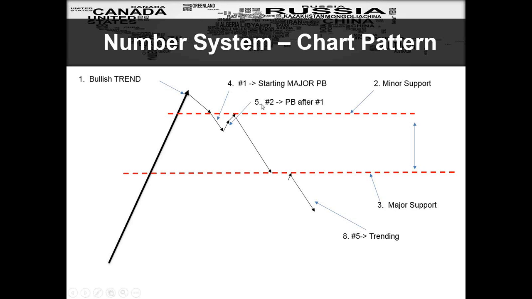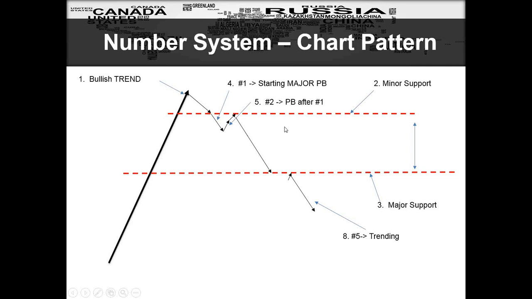So number 1 and 2 are basically counter trend. Okay? Now, this right here, Bob, is the most critical point. The reason why is when you get here, this is basically do or die. If it breaks the support, then you have a possibility of a major trend to go down, and you're betting on it going down. If it holds this major support, then it now has a possibility of going up.